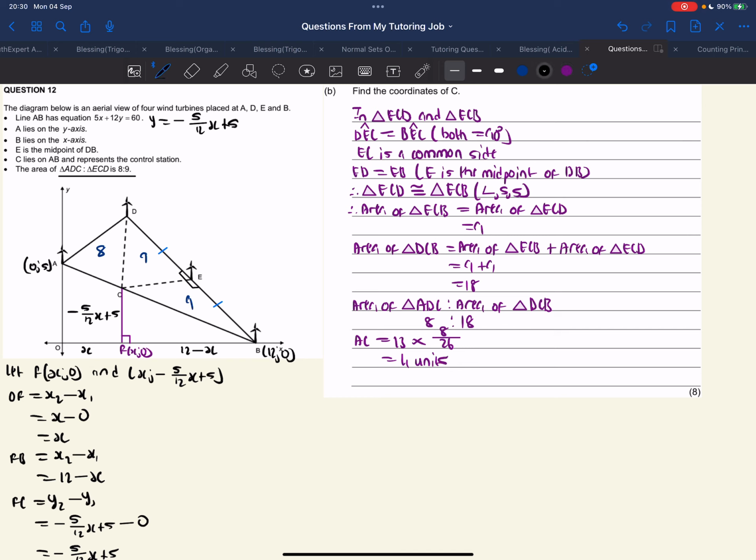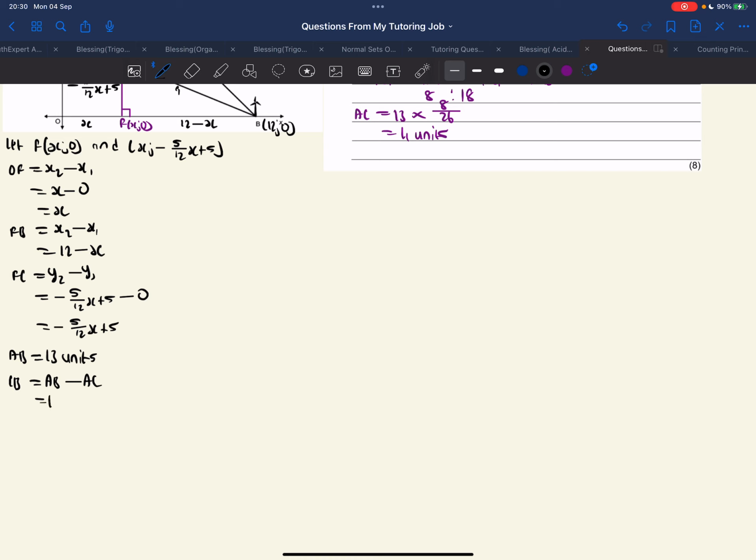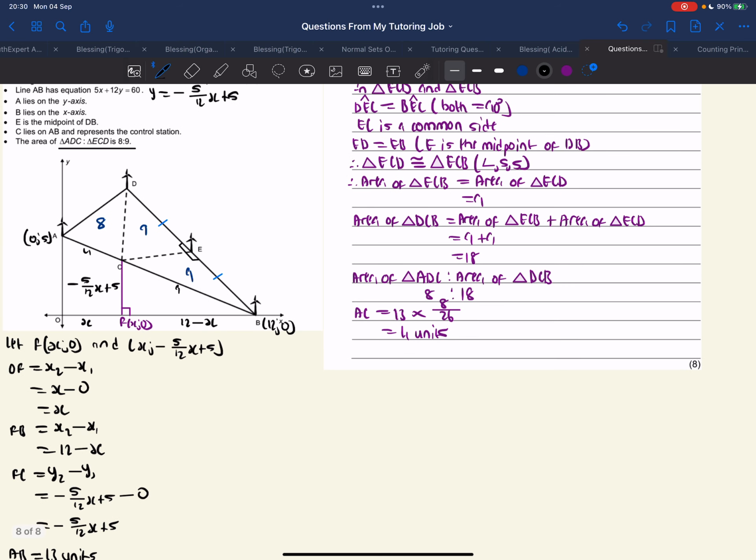So I know that the length of AC is going to be 4, meaning then the length of CB is actually going to be just 9. Because if you go there, you're going to say 13 minus 4, which is actually going to give you 9 units. Alright, so now we have found that length.